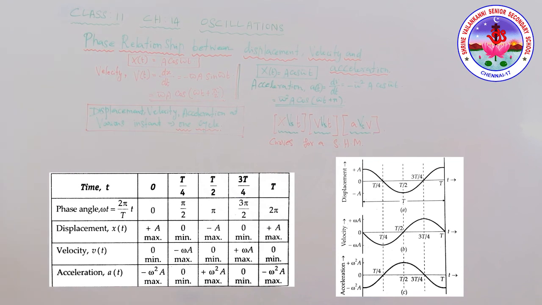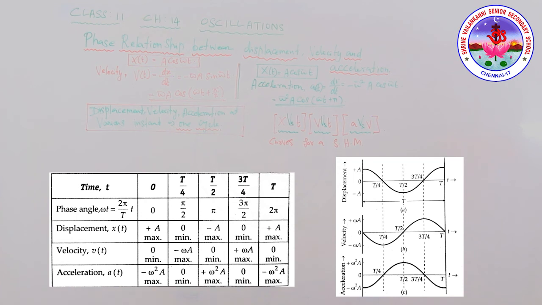If you draw this, observe the curves for x of t, v of t and for acceleration with time. So these are the three different curves for simple harmonic motion for one complete cycle, and you can compare them.